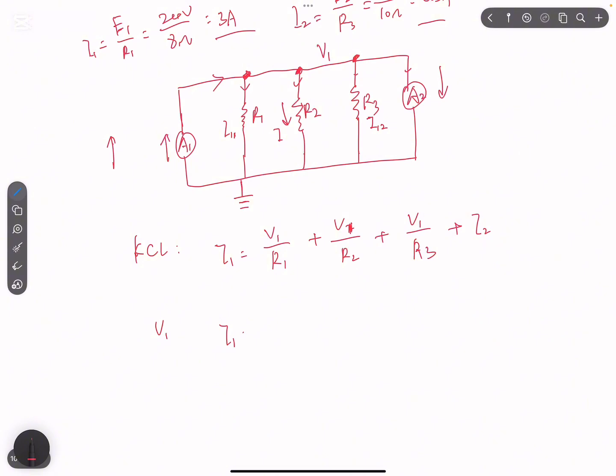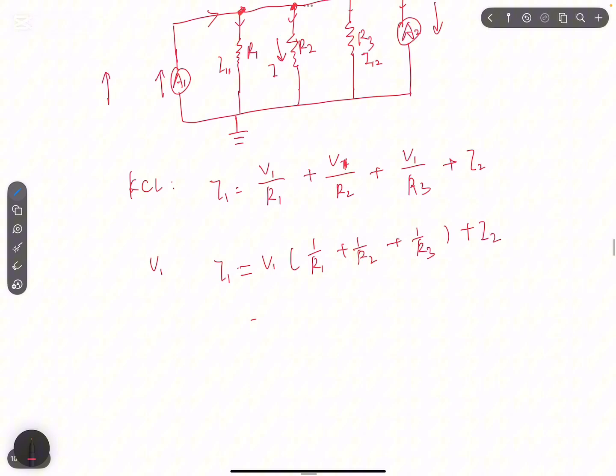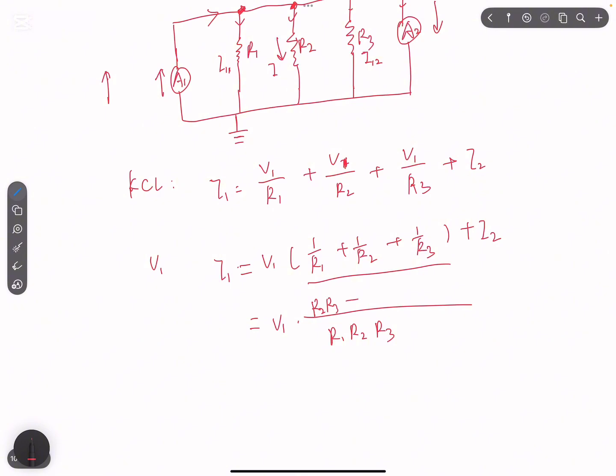Basically, I1 will equal, if we pull out V, 1 over R1 plus 1 over R2 plus 1 over R3, and plus I2. These three are in parallel. So that's V1 times R1, R2, R3 over. The first one will be R2, R3. Second one will be R1, R3. Third one will be R1, R2. Then plus I2.